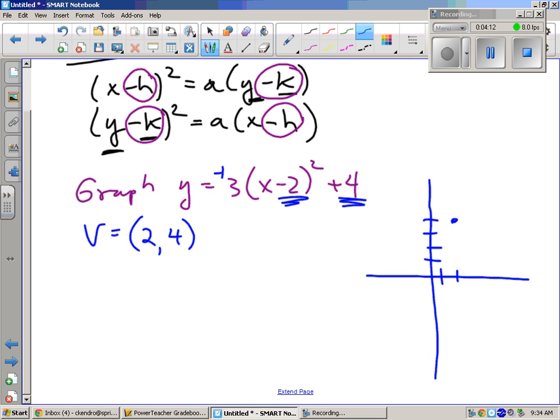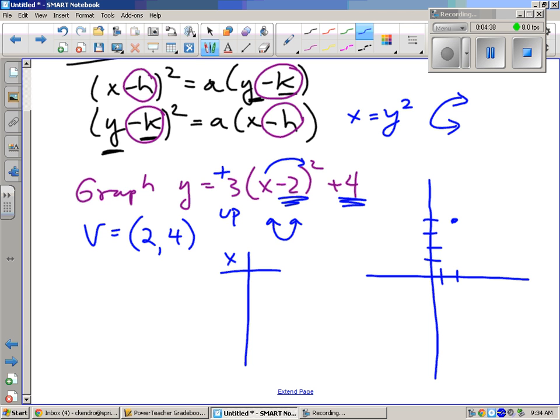Now because this is positive, I know that the graph is going to open upward. And the x is the one that's squared. If this is squared, that means it's going to be an up and down graph. If the y is squared, if you have y squared equals x, then that's going to be a sideways graph. Okay, but we know that it's going to be up and down.